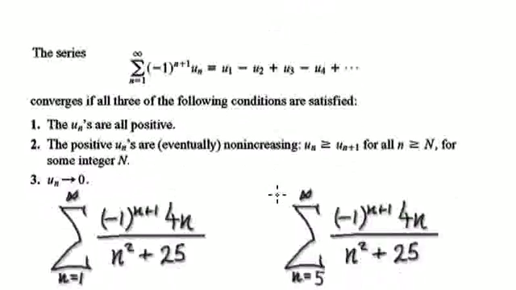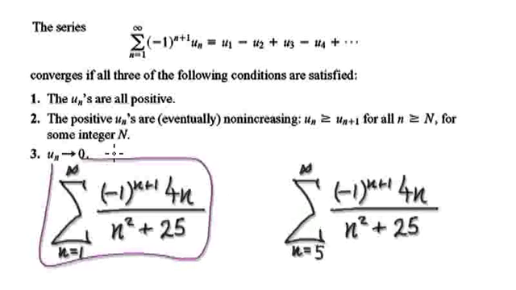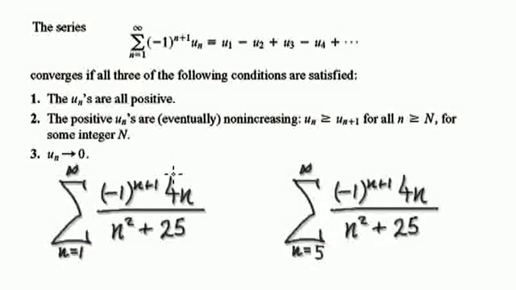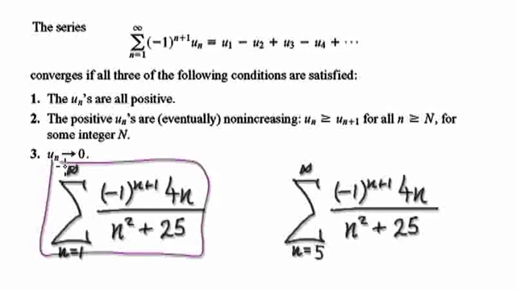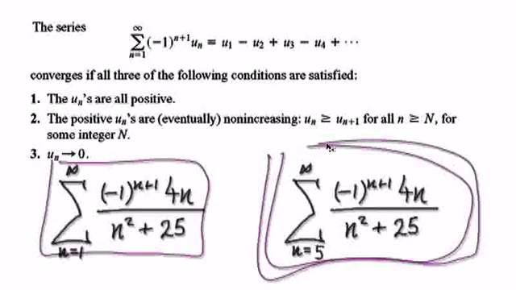Looking at this, this will only be satisfied when n is 5 or above. So we need to truncate this series and only look at it from 5 onwards, because there's a rule that says you can truncate it, and if you're testing for convergence, the two will be the same thing. So we can just look at the tail end of the series.